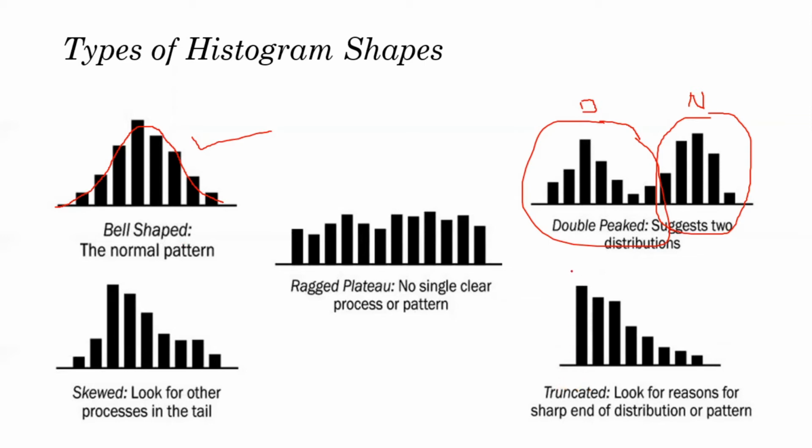When it is truncated, some values cannot pass beyond this. So you can question why, if they were supposed to pass. There is something restricting the values from going beyond this. So you'd look at the behavior of the inputs, like the materials, or the machine and its ability. You might look at the capability of the operators or the instruments they're using, and so on.